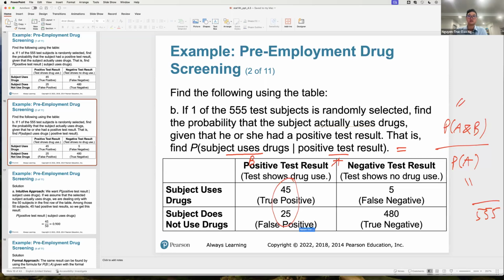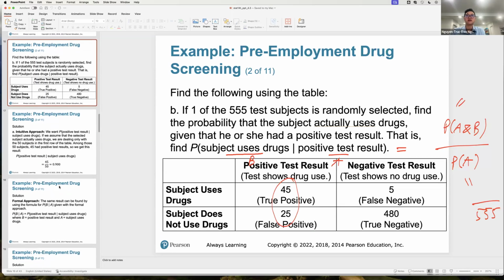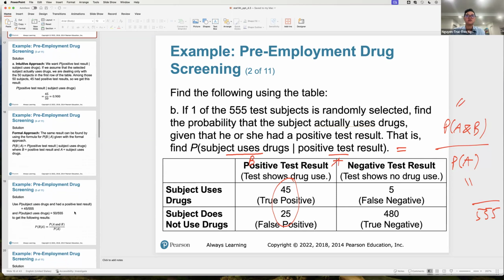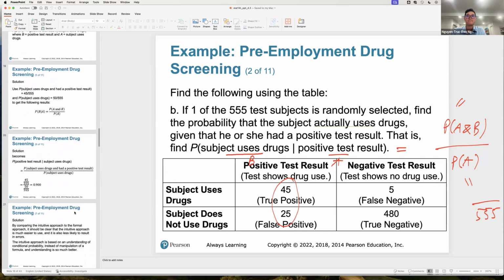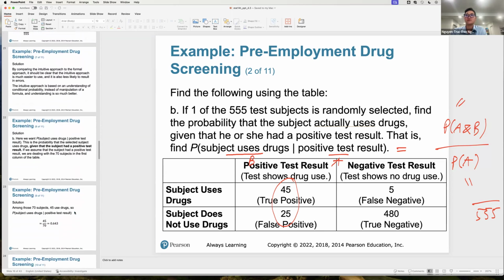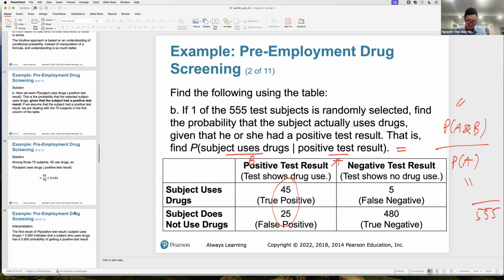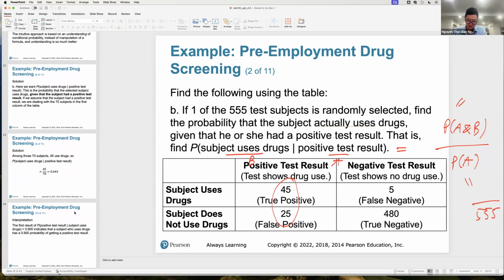This is the number of the positive test results, right? Do you agree with me? What do you think? So how many of them? 45 plus 25. So we have 70, right?